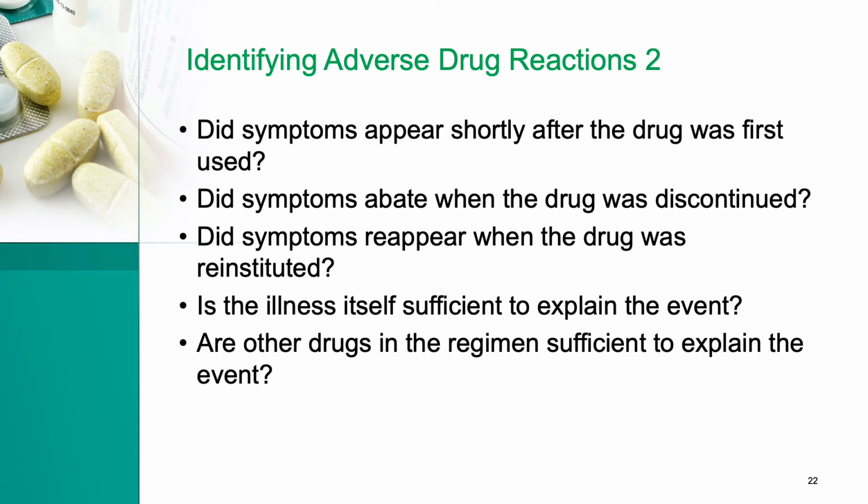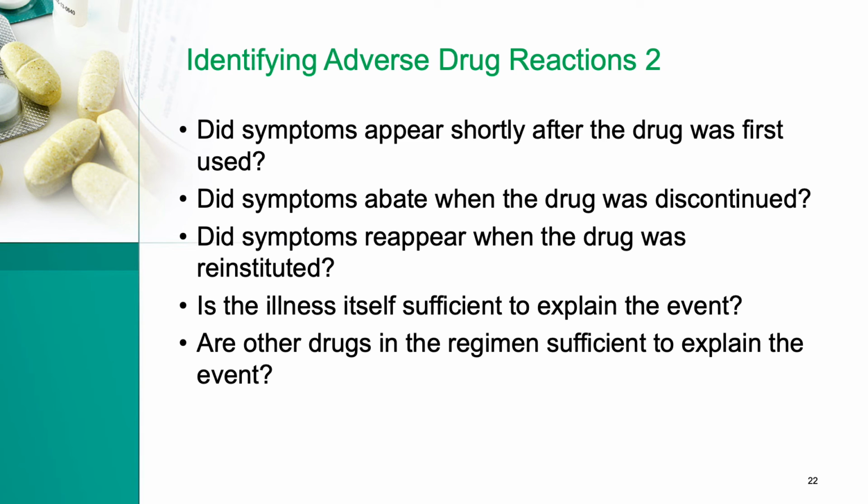Do symptoms reappear when the drug is reinstituted? With muscle aches with statins, we often discontinue the drug for 2 to 4 weeks and reevaluate. If considered safe, we can reintroduce the drug and see if the symptoms appear. Symptoms usually occur within 4 to 6 weeks after starting the statin, but actually can occur years after treatment.